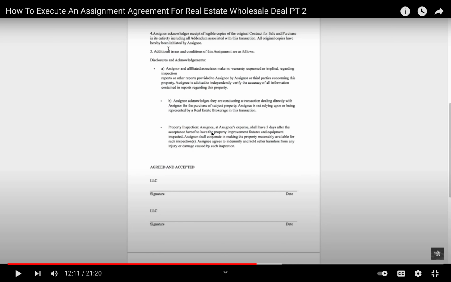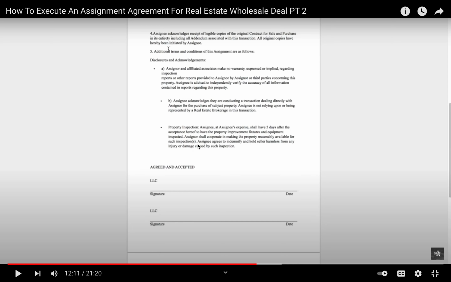Property inspection. Assignee at assignee's expense shall have 5 days after acceptance. So this is just saying that the buyer has a 5-day inspection period to do their due diligence. They can inspect the fixtures, equipment. The assignor shall cooperate in making the property reasonably available for such inspection.